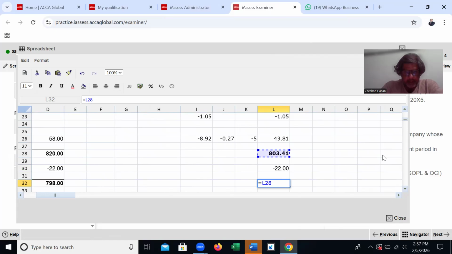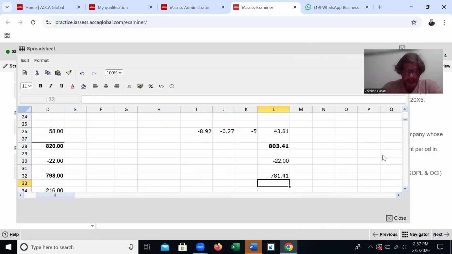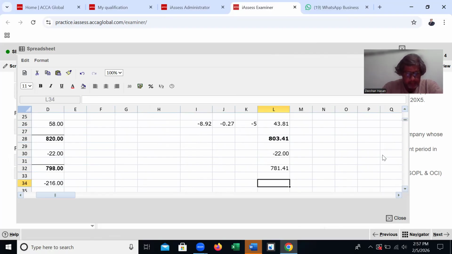Is equal to 803 plus 781.41. Anything regarding income taxes? No, we just have to copy paste it. Control C and Control V.